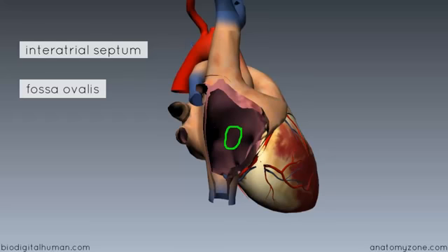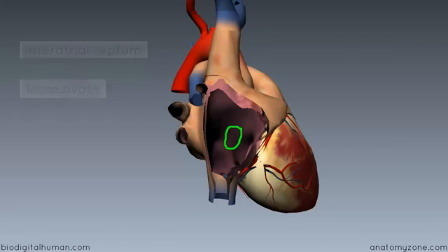It's essentially a remnant of the embryonic foramen ovale, which in the fetus allows blood to pass from the right to the left atrium. It's open in the fetal heart, and you get this flow of blood from the right to the left atrium, bypassing the lungs, which aren't functional in the fetus, but in the adult it should be closed. So this is the fossa ovalis on the interatrial septum.